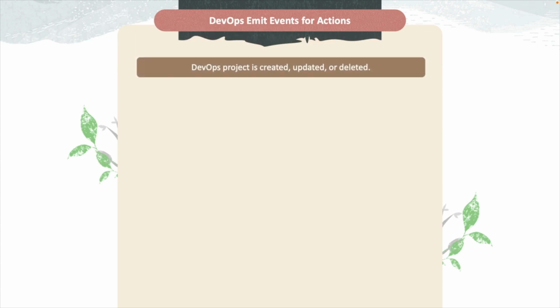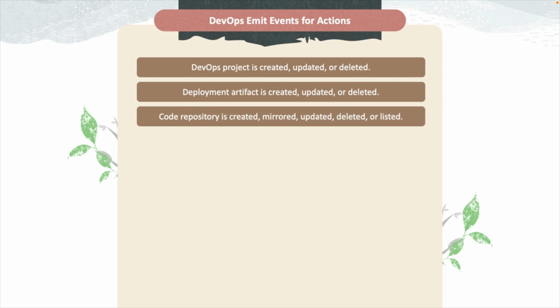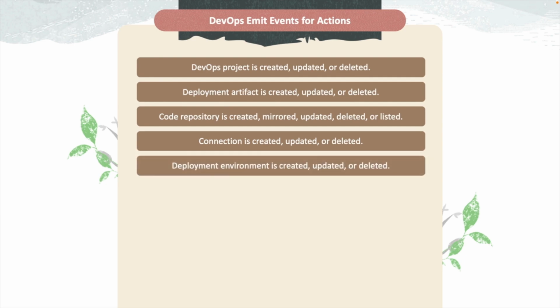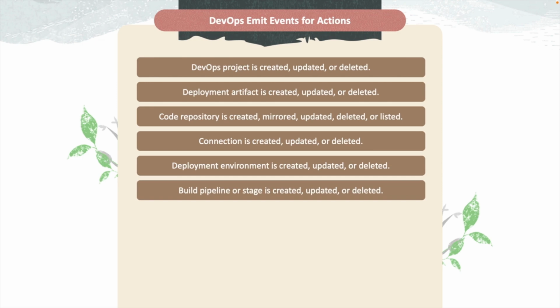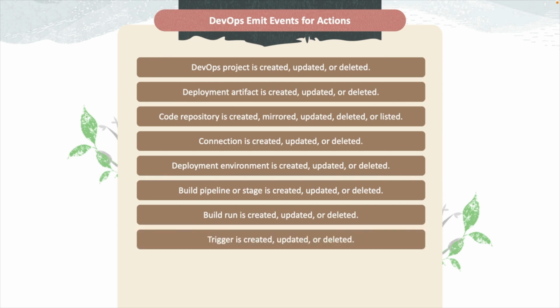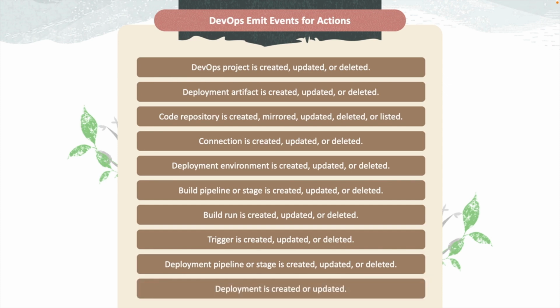For example, when a DevOps project is created, updated, or deleted, a deployment artifact is created, updated, or deleted, a code repository is created, mirrored, updated, deleted, or listed, a connection is created, updated, or deleted, a deployment environment or the target environment is created, updated, or deleted, a build pipeline or a build pipeline stage is created, updated, or deleted, a build run execution is created, updated, or deleted, a trigger is created, updated, or deleted, a deployment pipeline and a deployment pipeline stage is created, updated, or deleted, and finally a deployment is created or updated.